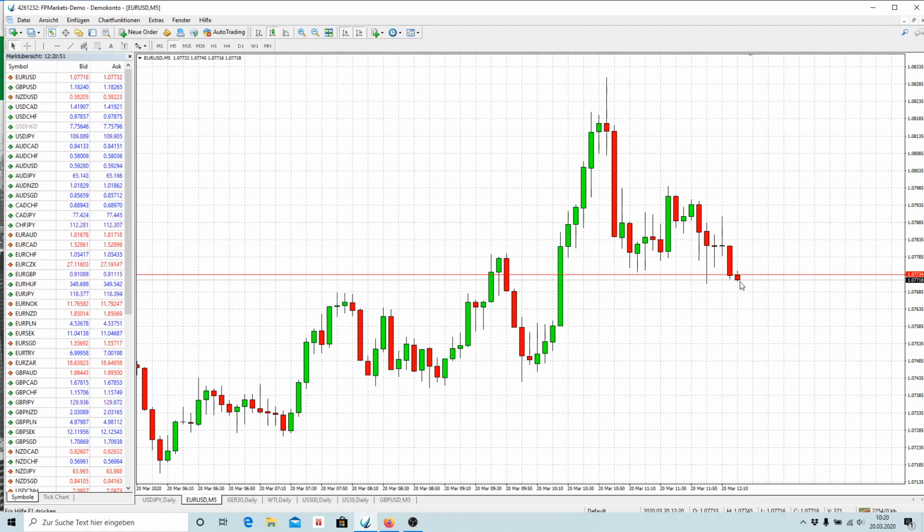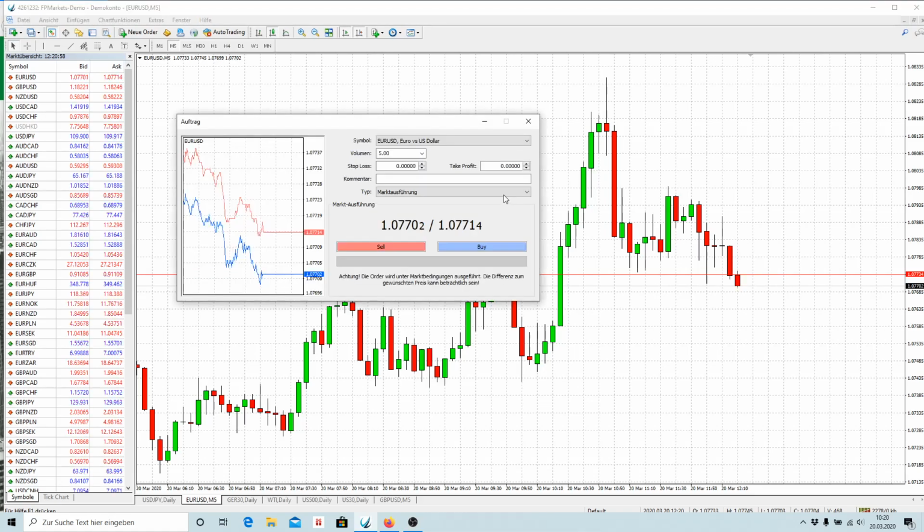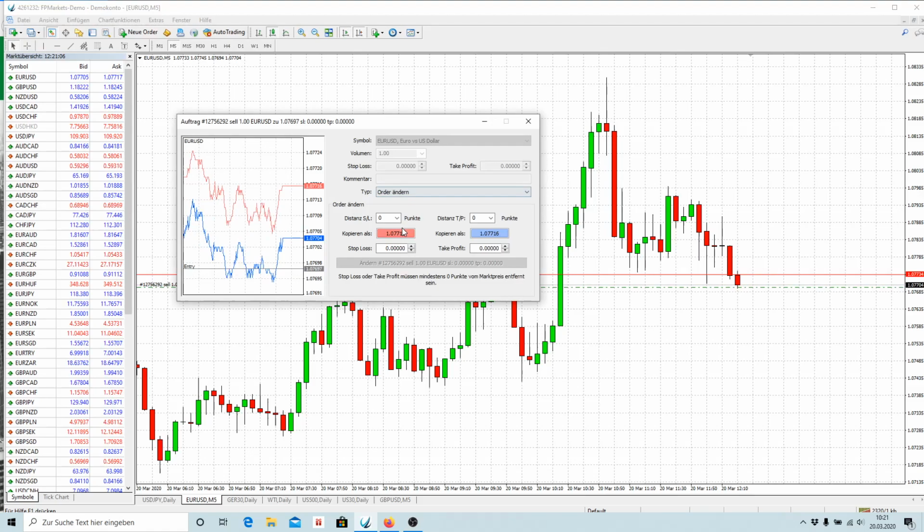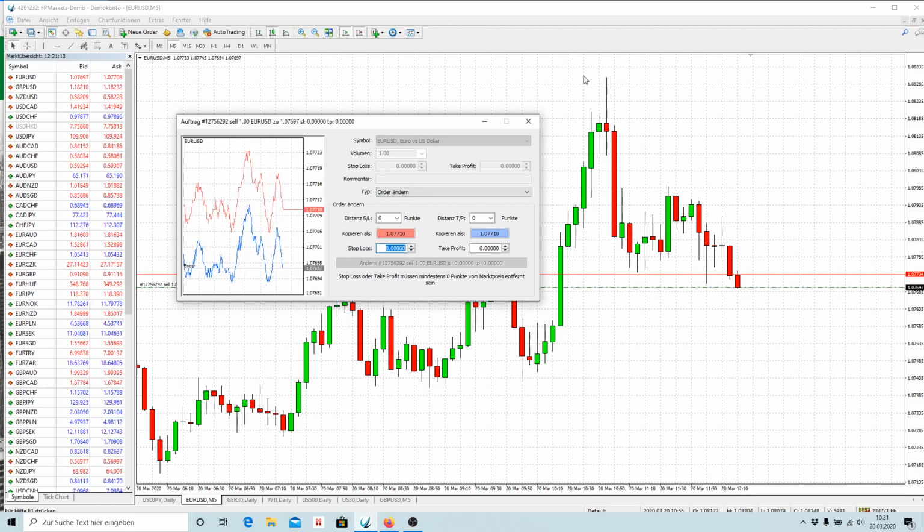What I want to do is place a sell order and go short in EUR/USD. So let's go one lot short. We'll place the stop slightly over today's high, let's say 1.0833.